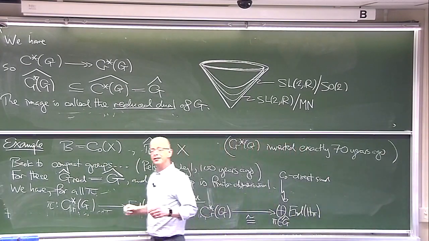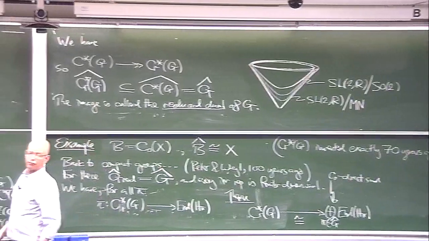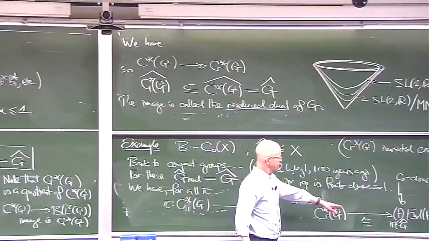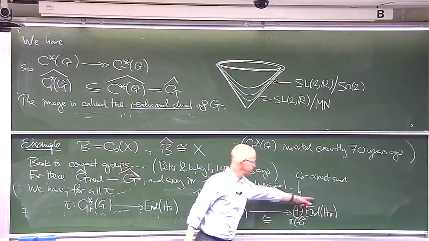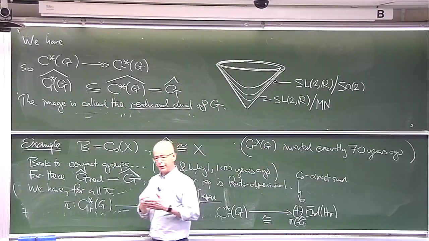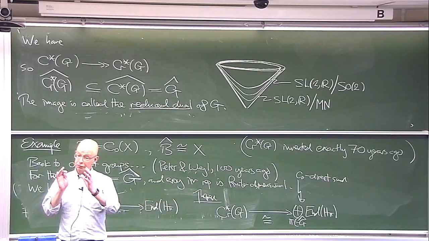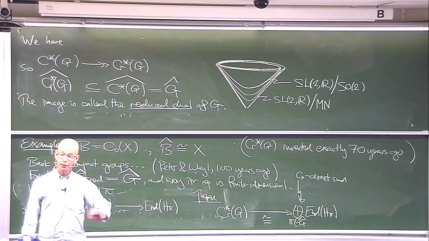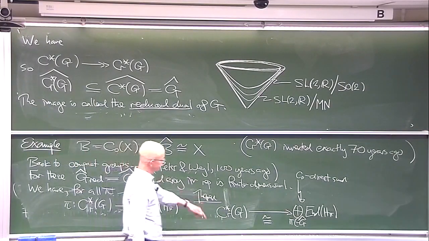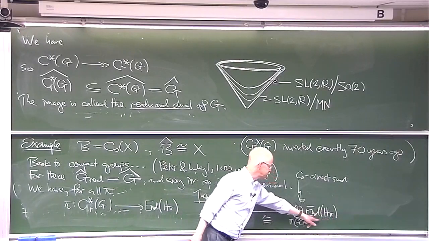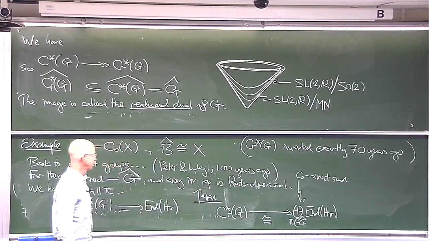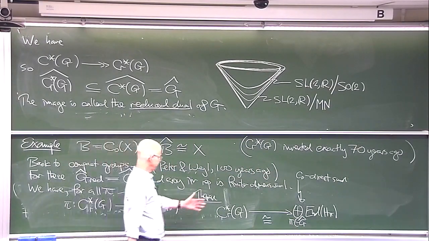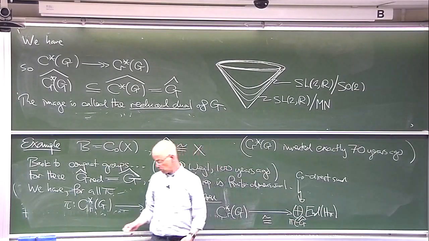What it means is you look at sequences of elements, one from each of these C-star algebras, each of these operator algebras, and the sequences should have the property that the norms of the elements in the sequence converge to 0. So not arbitrary sequences, but sequences which converge to 0 with the elements taken from these constituents. And when you put all of these things together, this is what the C-star algebra looks like.